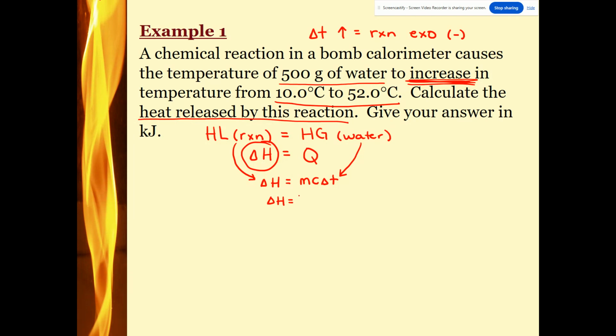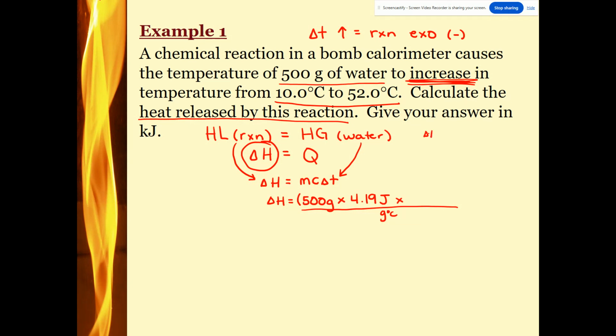So the delta H of my reaction is going to equal the mass of my water, which is 500 grams, times the specific heat capacity of water, which is in your data booklet if you don't remember, 4.19 joules per gram degree Celsius. And my temperature change, I always take the bigger temperature minus the smaller temperature.